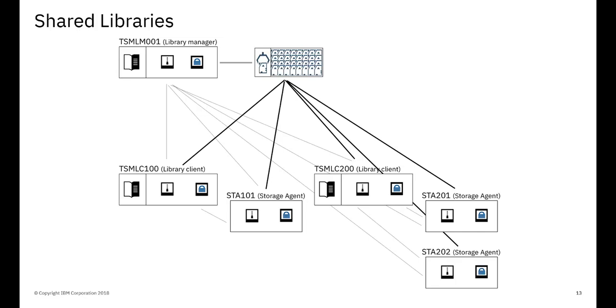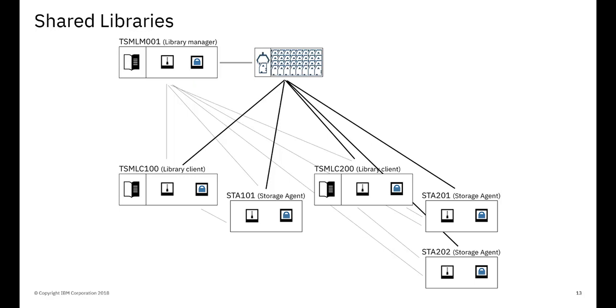As you saw on that query library output that I showed a few slides back, we do support shared libraries, and what this means is that you can have one SAN attached library being utilized by multiple Spectrum Protect servers.